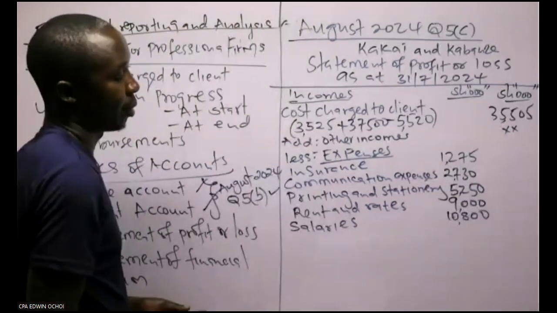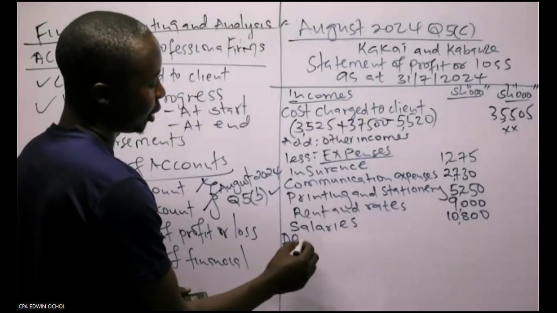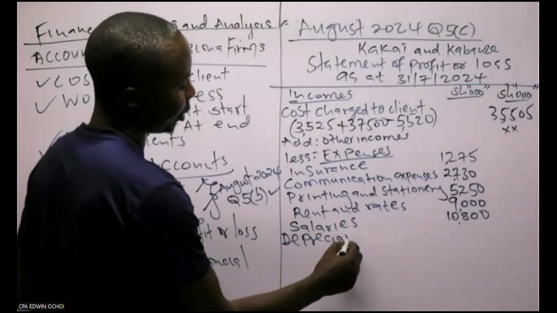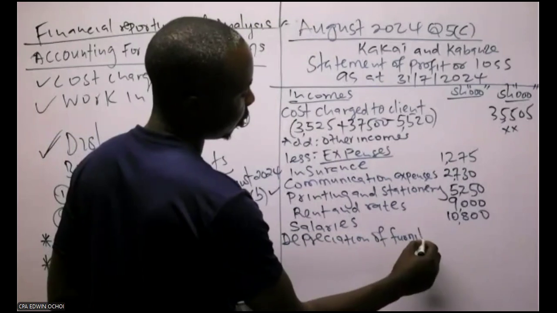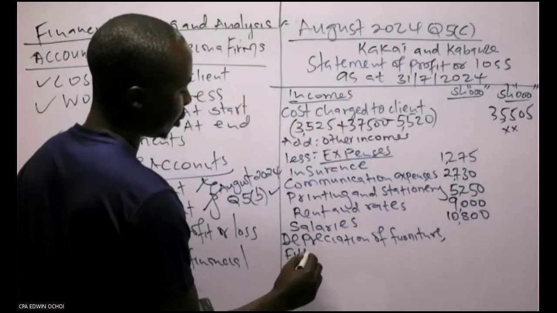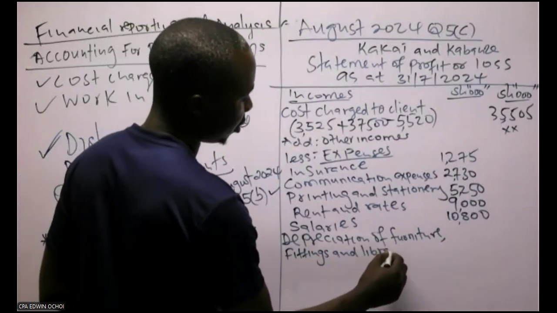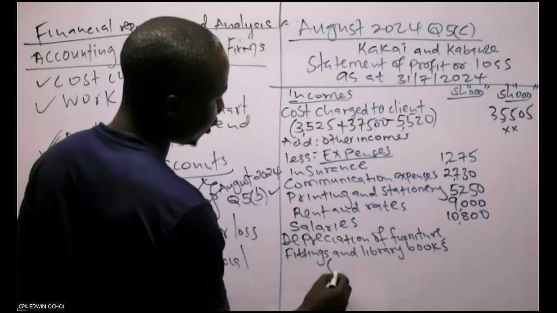Finally, we go to additional information number 2. There's depreciation of furniture, fittings, and library books. It's 20% of which value?